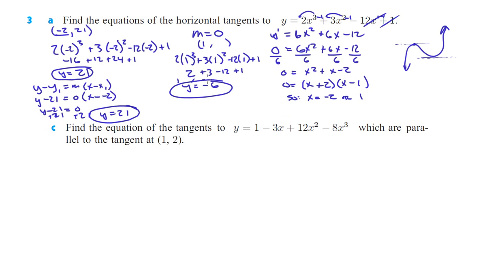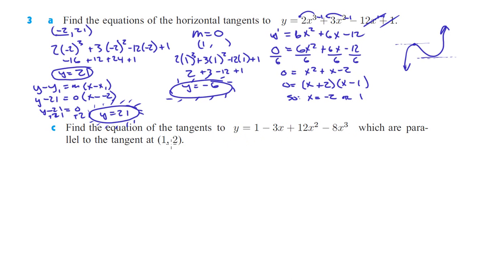So these are our two tangent lines. y equals 21 and y equals -6. Okay, so that takes a little bit of work to go through and figure those out, but we can do it.